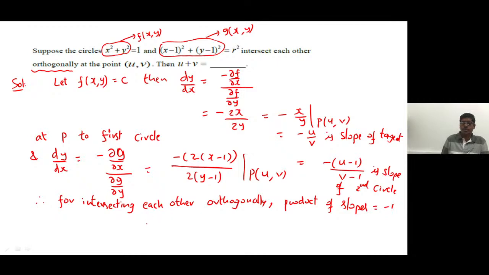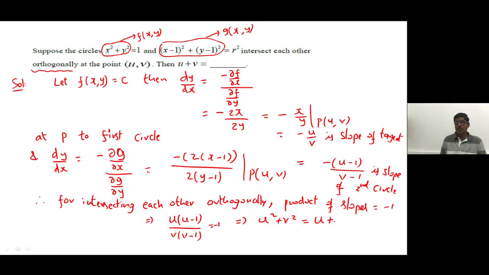That means minus into minus plus u into u minus 1 divided by v into v minus 1 is equal to 1. I can write this as u square, that is minus 1, plus v square, square terms on one side, other terms on another side. So u square plus v square, this is u plus v.